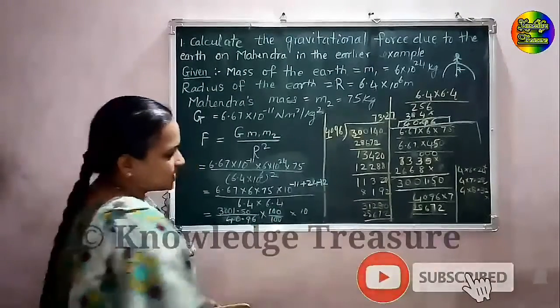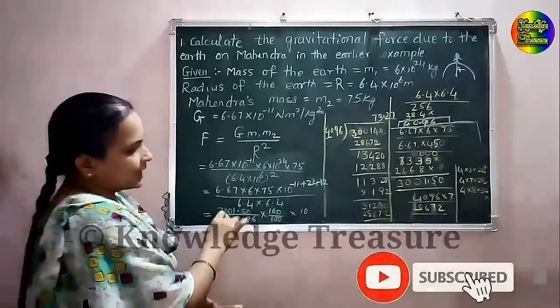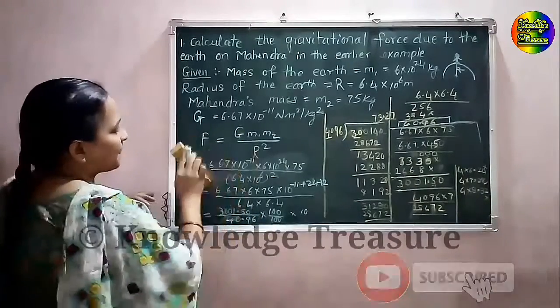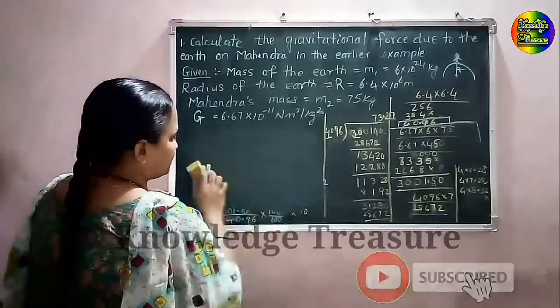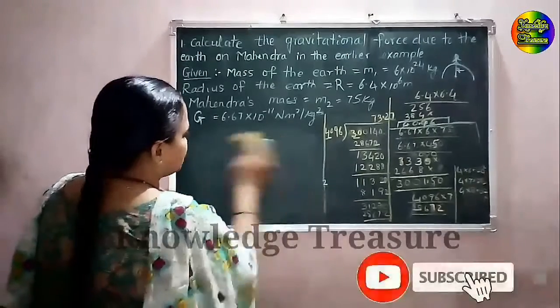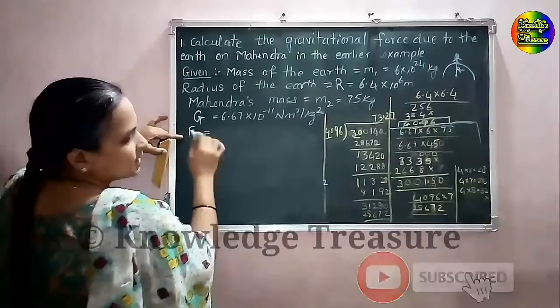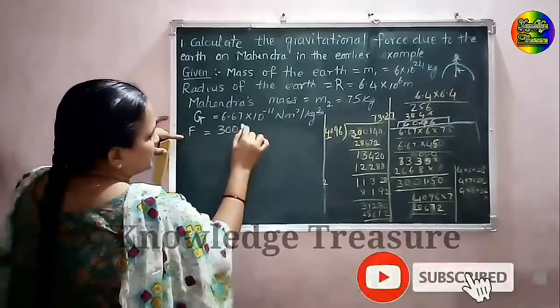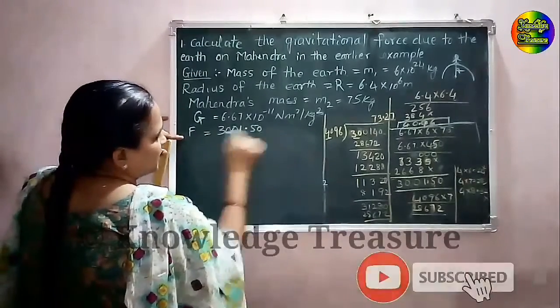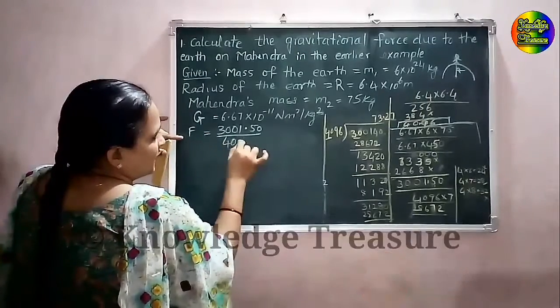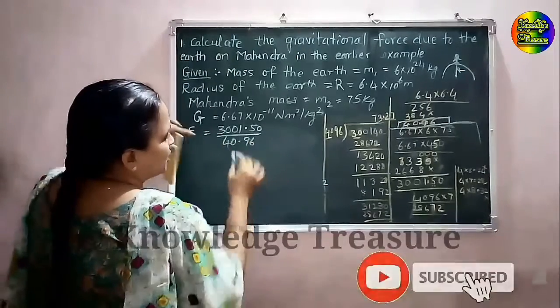Here one more 10 is there, this 10. So what you are getting is F is equal to 3001.50 upon 40.96.